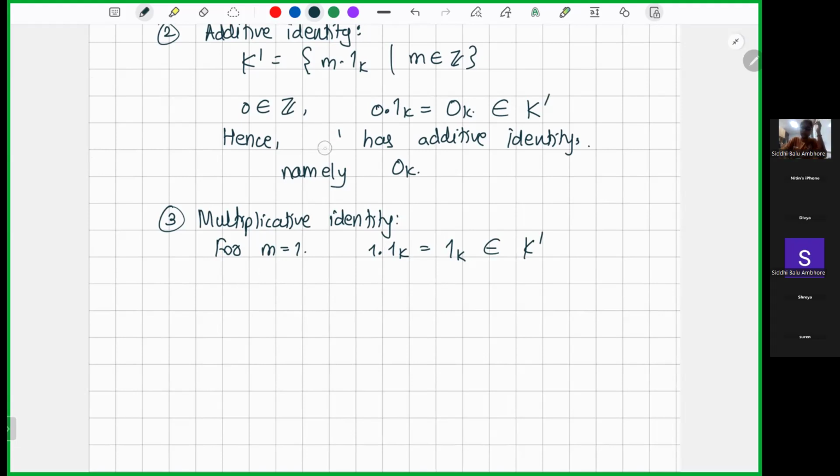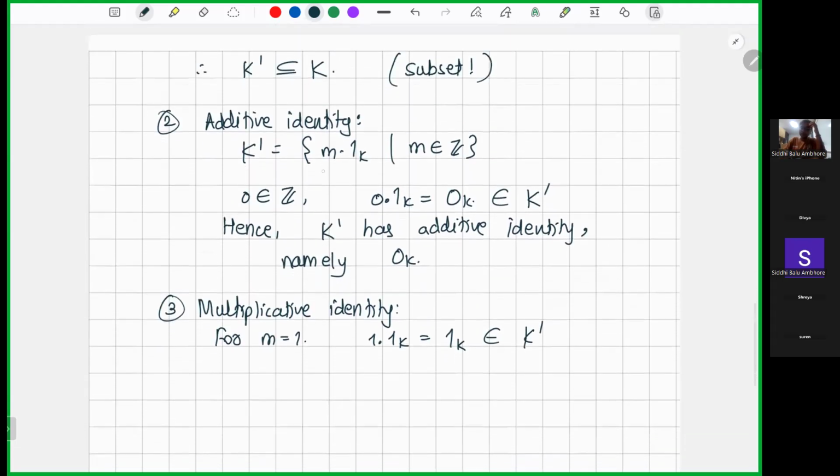So this k dash has this additive identity, is what we proved here, because all these m1k are elements of my original field k, and this 0k is the additive identity of field k. So anyway, this m into 1k plus 0k will always be m1k, because this addition when I'm writing here is actually happening in k.